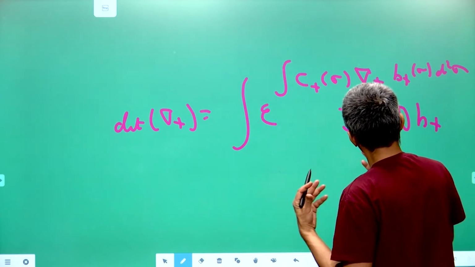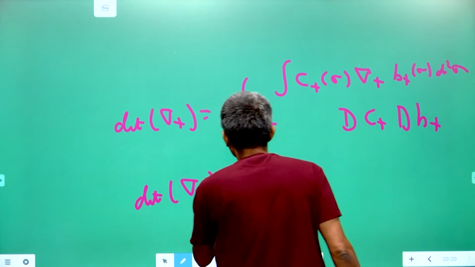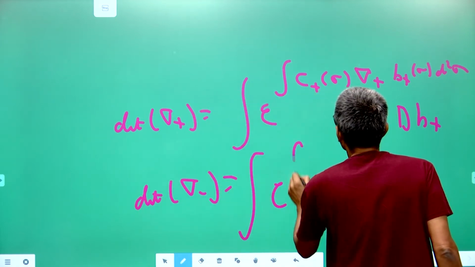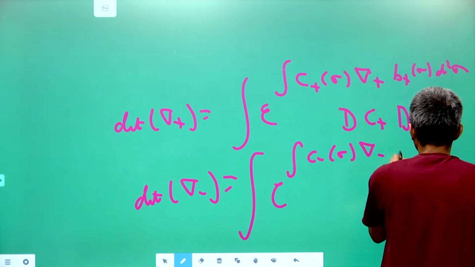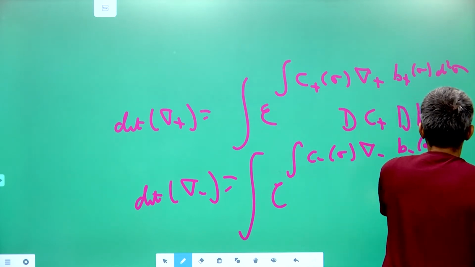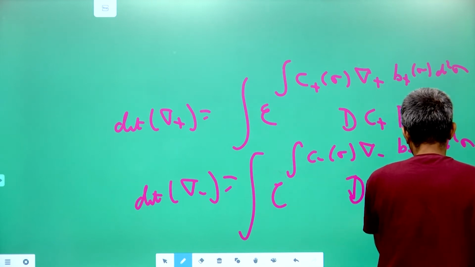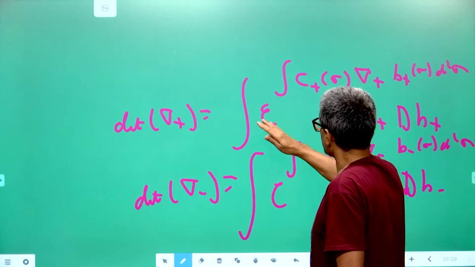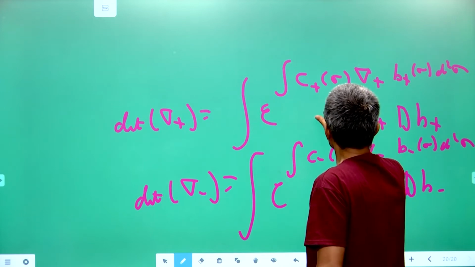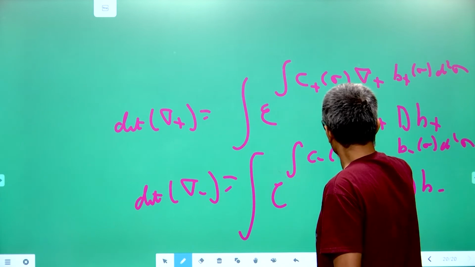And likewise I can replace determinant of del minus by the integral of e power integral c minus sigma del minus b minus sigma d2 sigma, dc minus db minus. So, calculating the path integral after gauge fixing amounts to simply adding two additional terms to the Lagrangian, namely this term and this term.